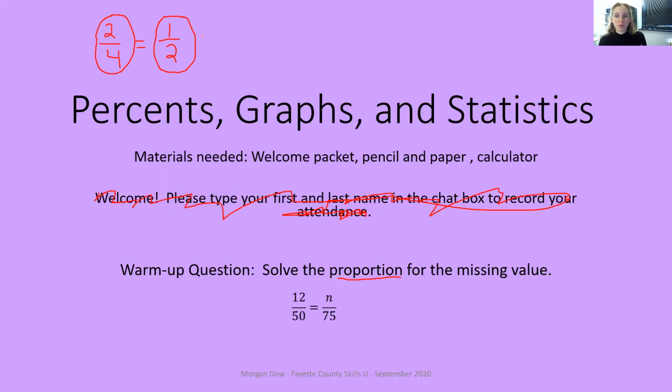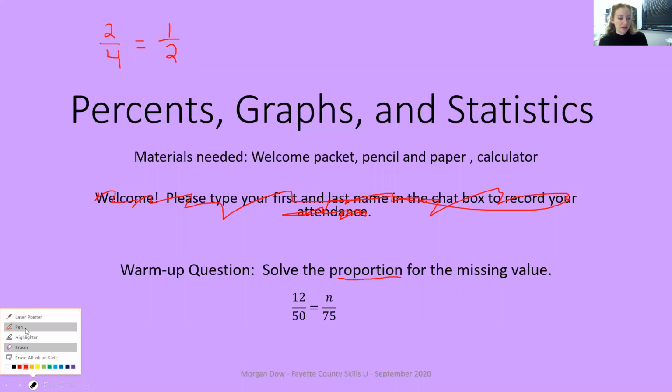One more thing we need to remember about proportions is the special characteristic that all proportions have: if something is a proportion, the cross products will be equal. When you cross multiply, you should get the same answer for both sets of multiplication.